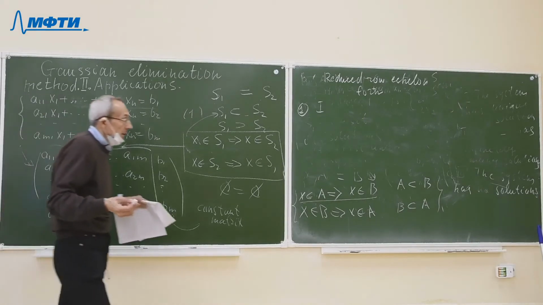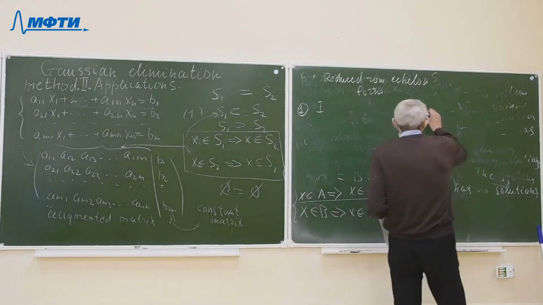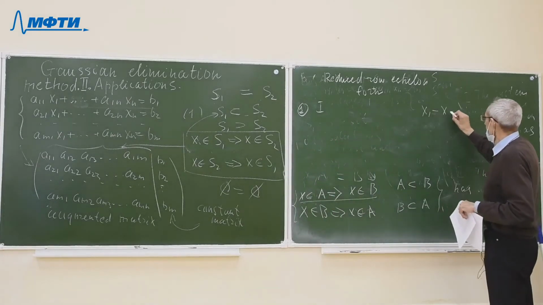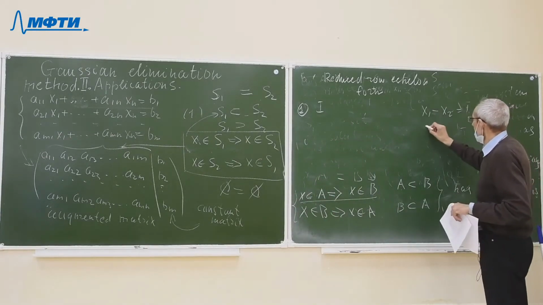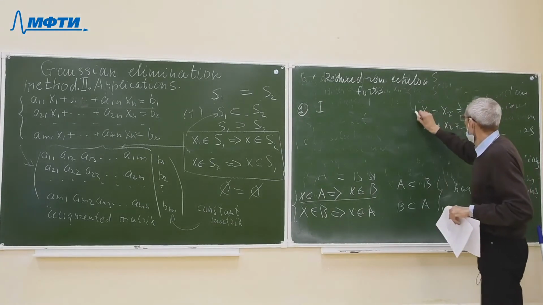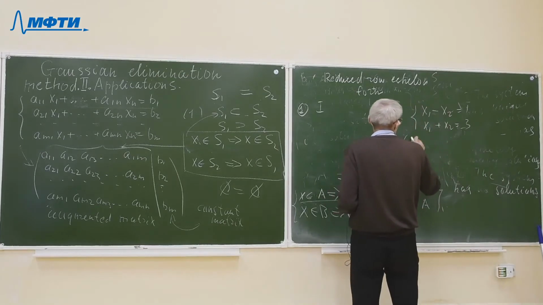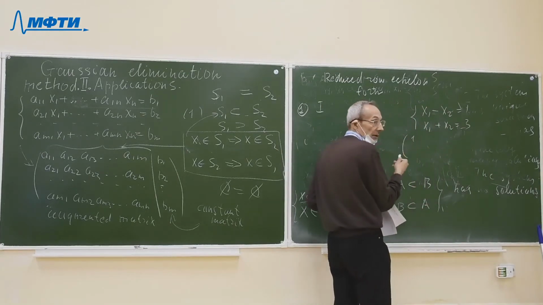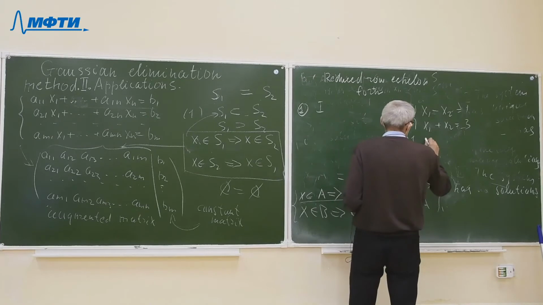For example, if we have such a linear system, we can use the matrix which is equivalent to this linear system.